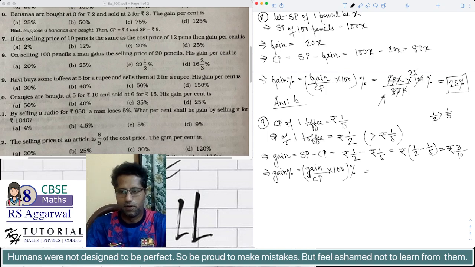So what is gain? Gain is 3 by 10. And what is cost price? Cost price is 1 by 5, multiplied by 100.